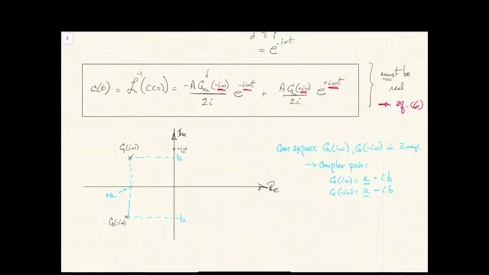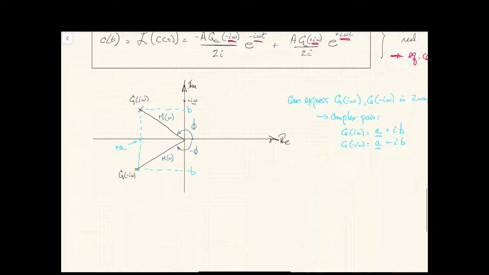And if I draw a ray joining the value of the complex conjugates to the origin, I can also express this as a phasor, which has an angle phi on the top one and an angle minus phi on the bottom one. And the magnitude of both of these guys is going to be the same. Let me call it M of omega here, and define what I mean by all these things here. M of omega simply represents the magnitude.